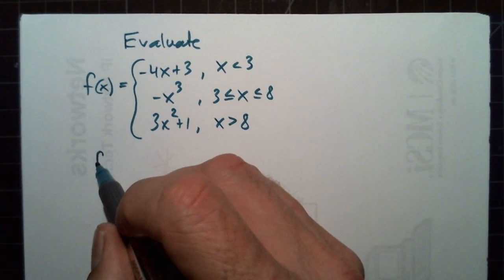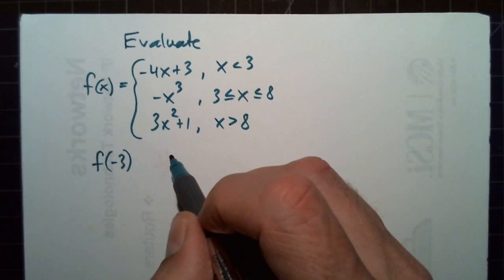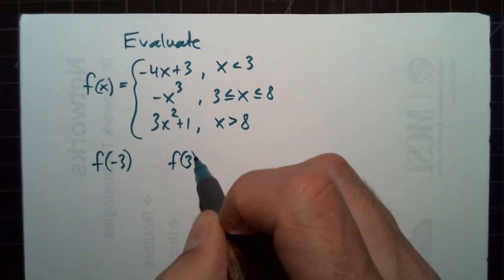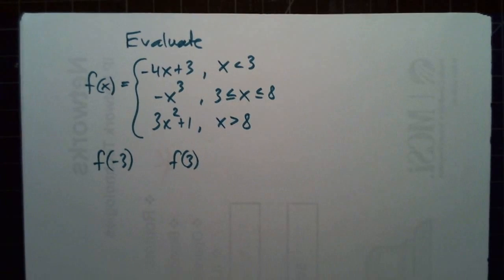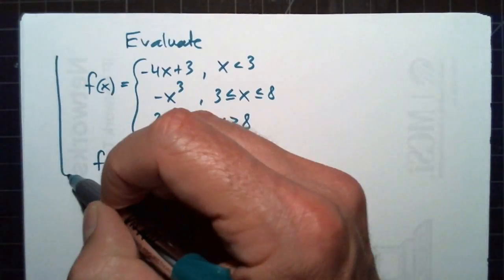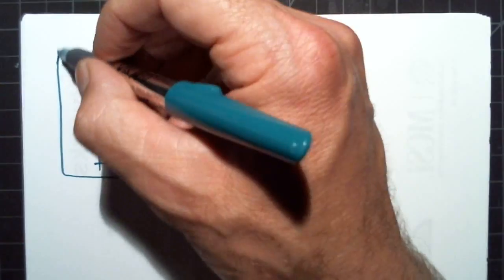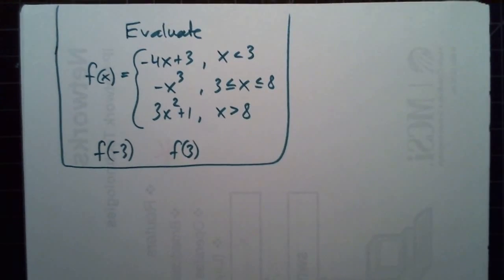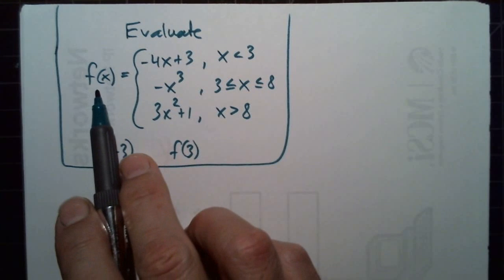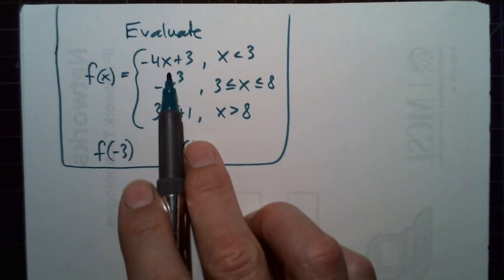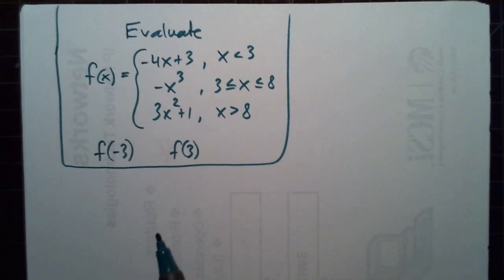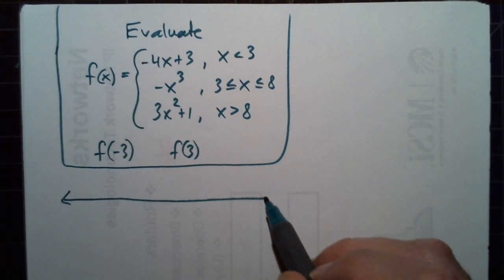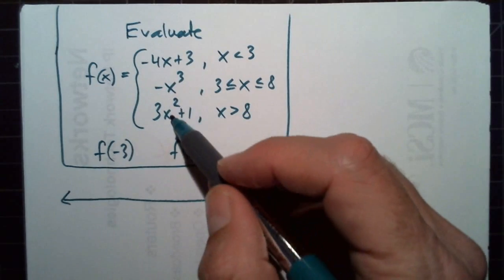And let's find f of negative 3 and f of 3. Okay, so this is one function that's made up of 3 different pieces of other functions. So let's think of where these are evaluated.